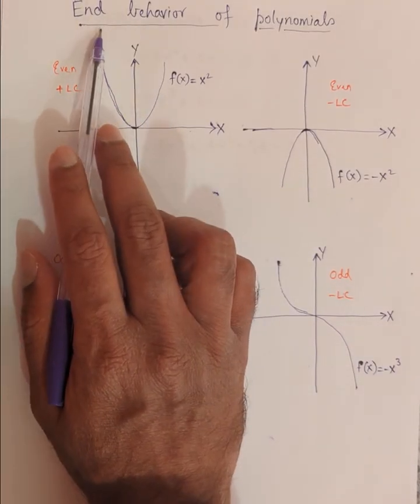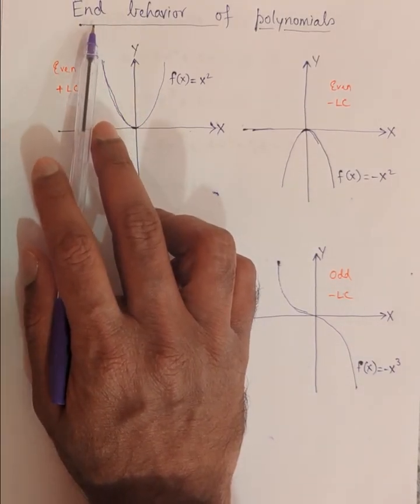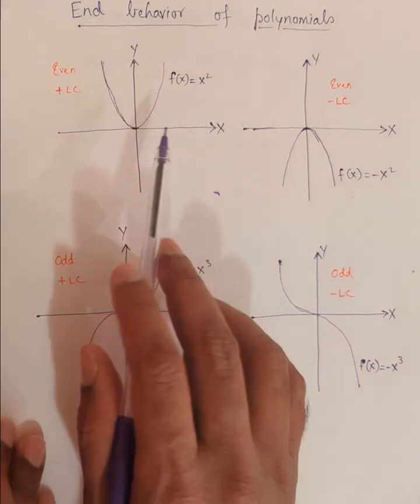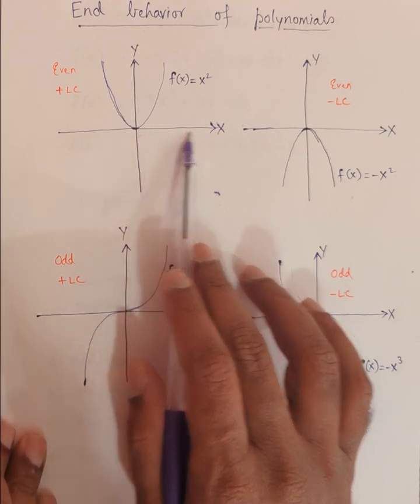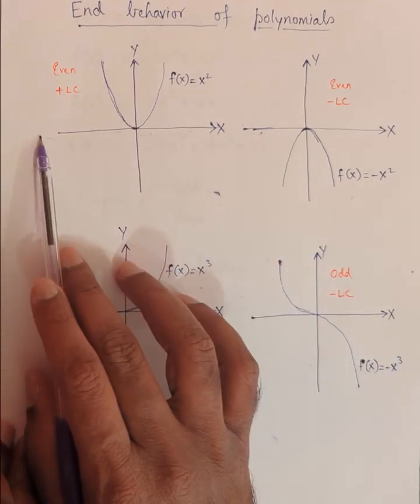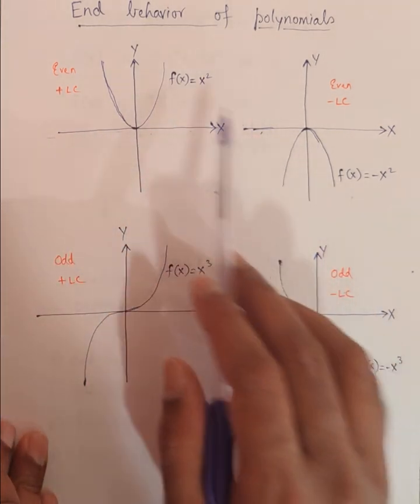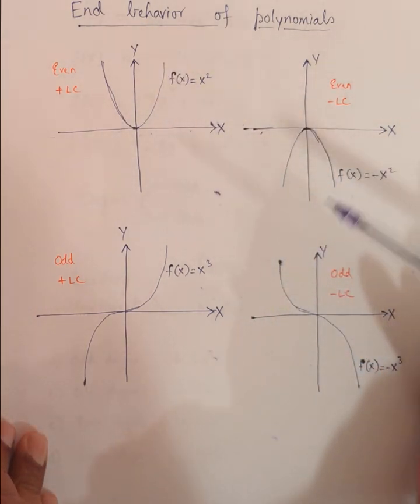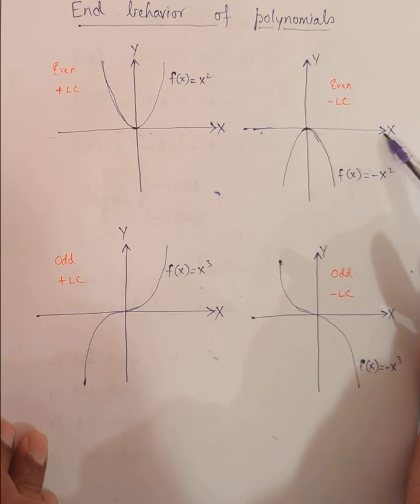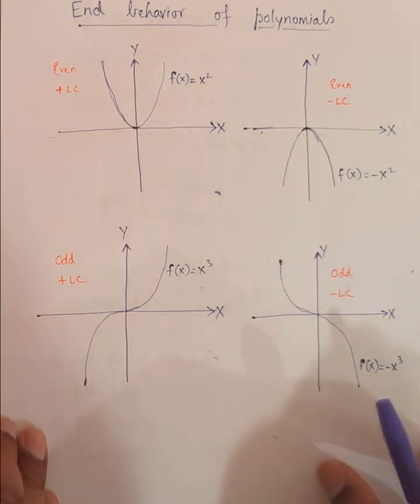End behavior means we want to make x either large positive or large negative. Similarly, we want to study what happens when x goes to either positive infinity or negative infinity.